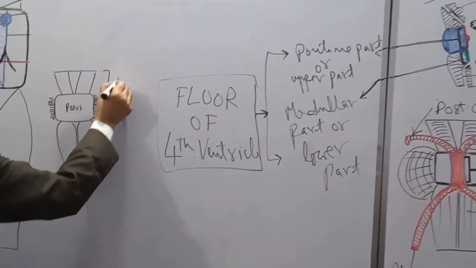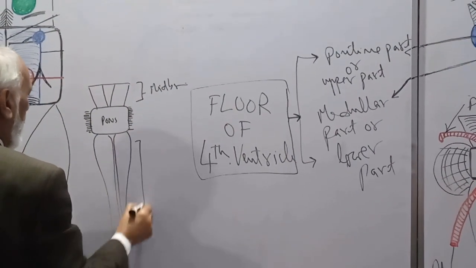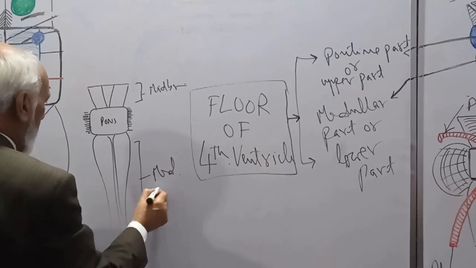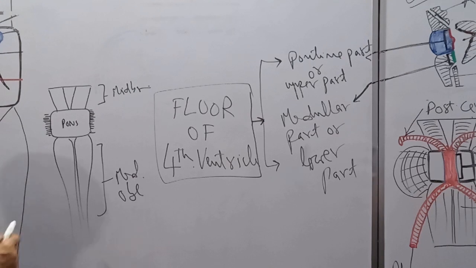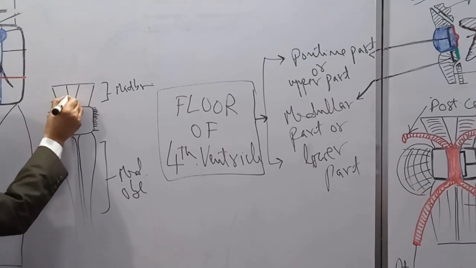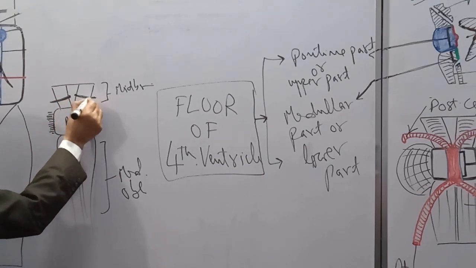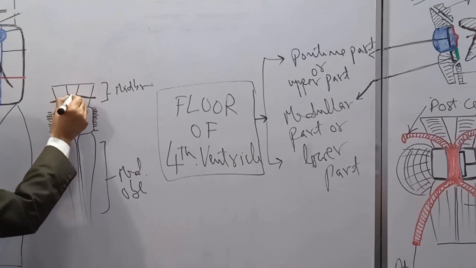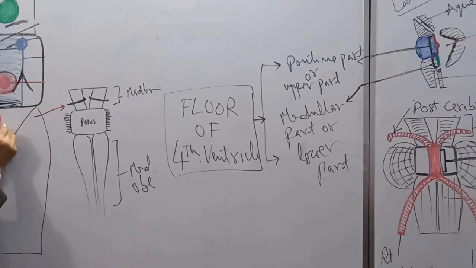And this is the midbrain, ventral surface, and this is the medulla oblongata. So, to the anterior surface of the midbrain, the oculomotor nerve has surface attachment. Third cranial nerve. Oculomotor nerve.